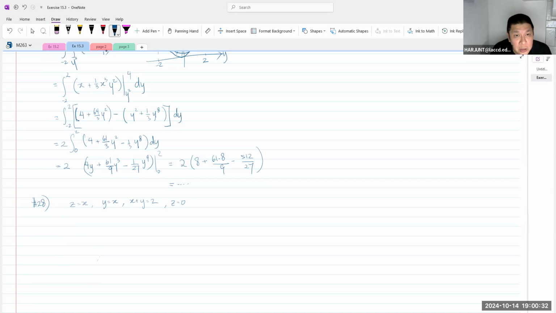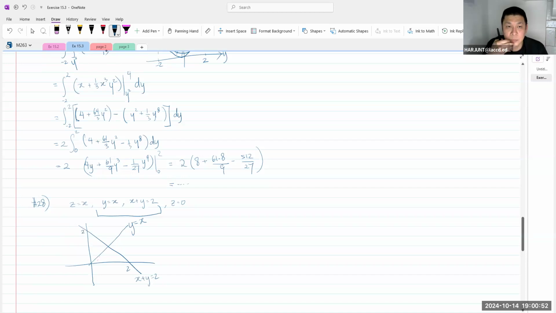Let's catch x and y. So x plus y equals 2. Y equals x is this. X plus y equals 2 is this. Z equals x and z equals 0. I cannot really imagine, is the domain this part or this part though?